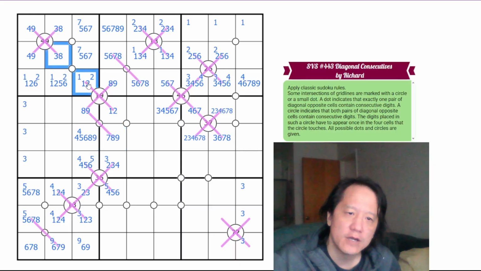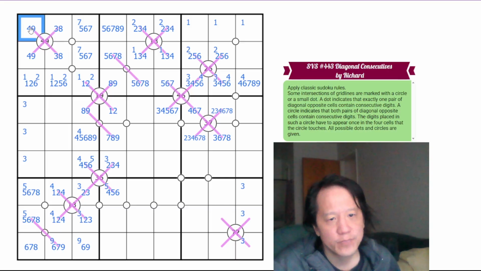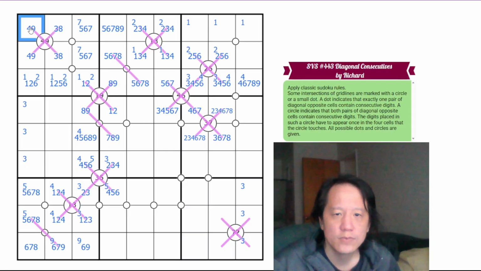Then you would have 2 and 3 here. That would force this to be a 1, 4 pair. That does work, so that's 3 and 4. Okay. Not too helpful. Yeah, these are all just sort of like mini Renbans. It's interesting.